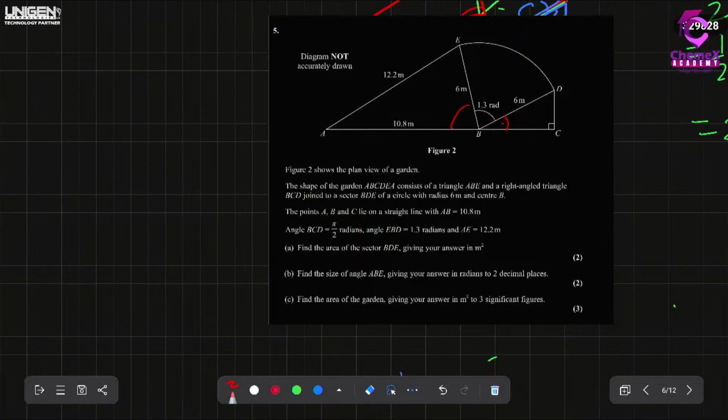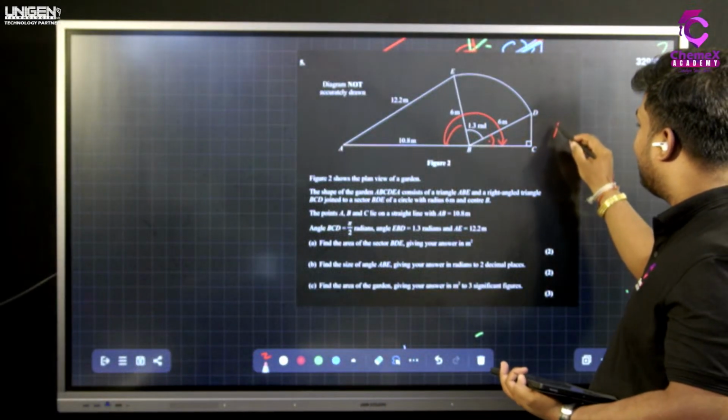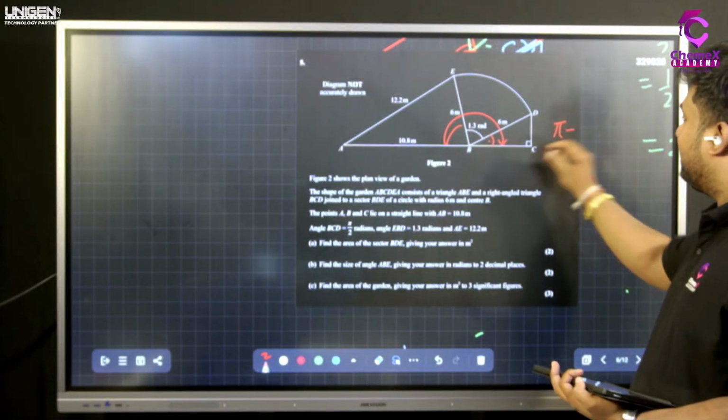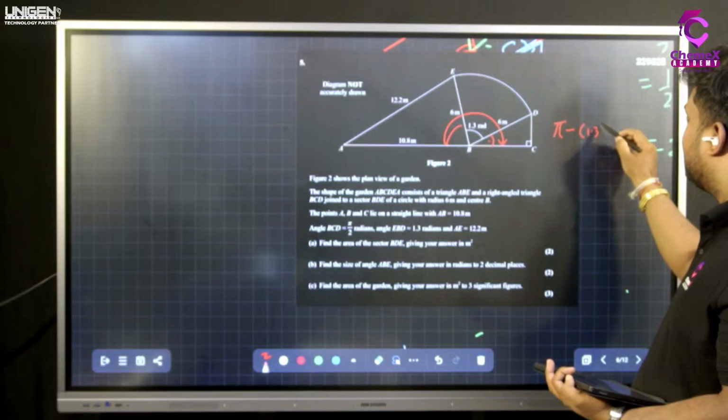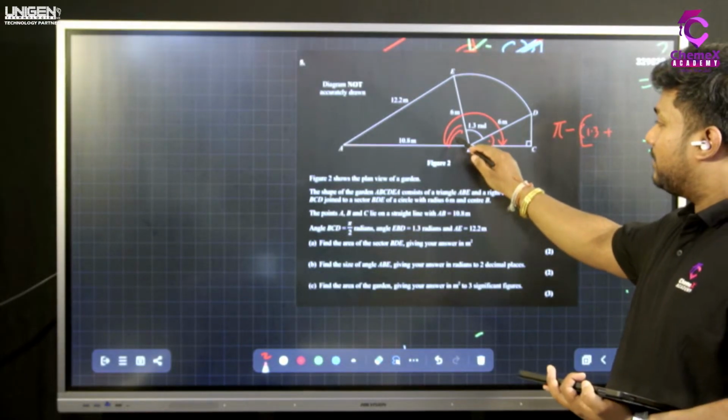So is it like the value for 180 minus the addition of 1.54 plus 1.3? Yes. We can take 180 if this was in all degrees. But in this case, you can't take 180. You have to take pi. Pi minus, and then here 1.3 plus, I'm just gonna put a bracket, 1.54, right?